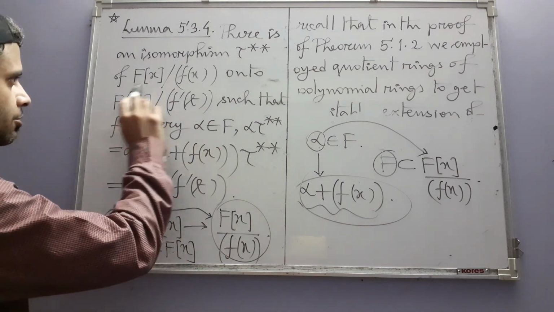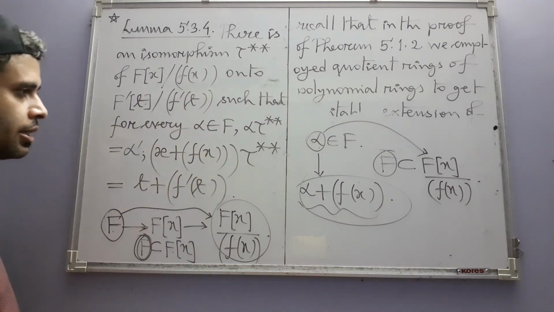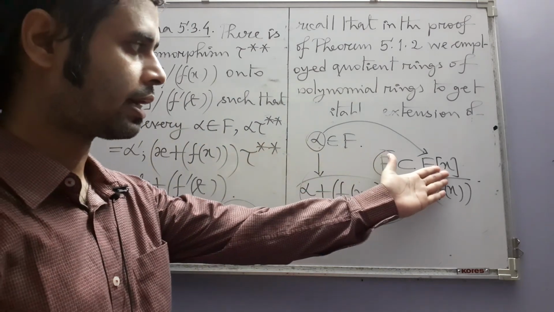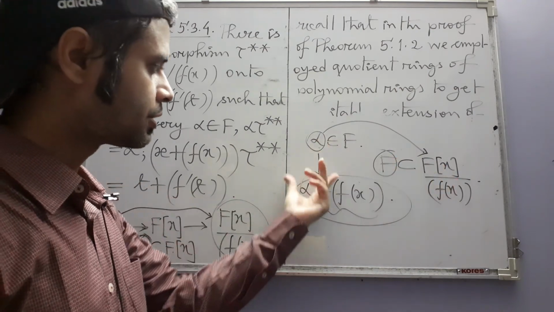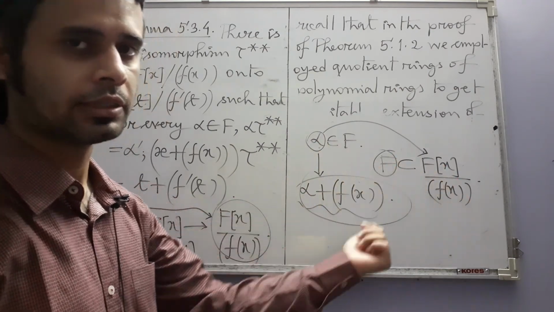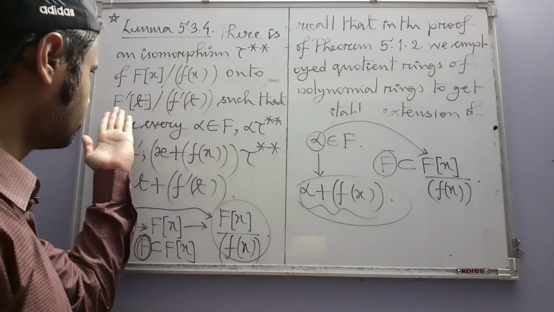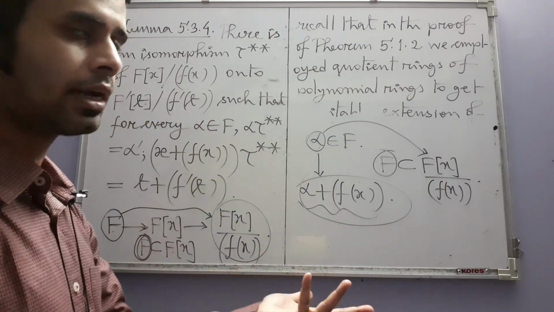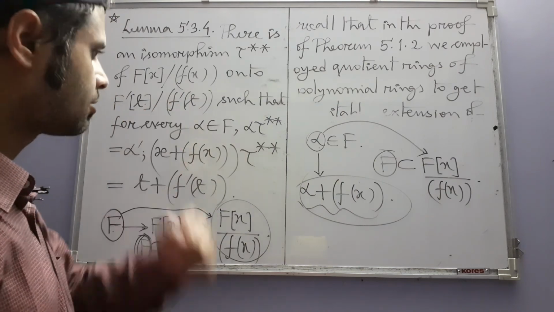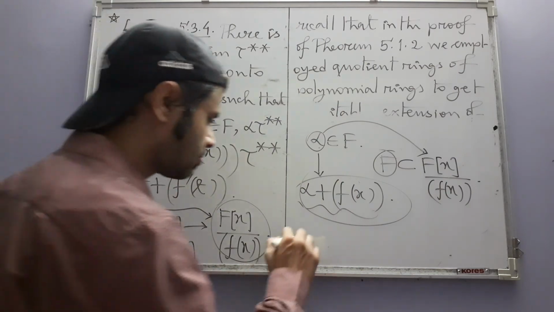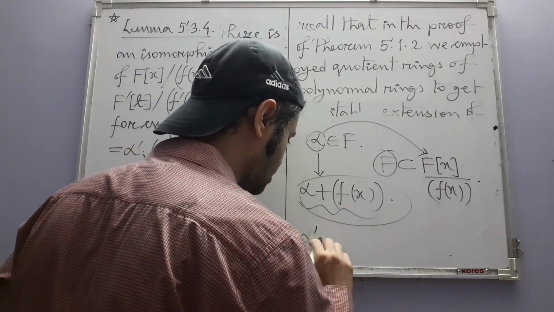Alpha prime needs to be here. Strictly speaking, just like alpha is not actually here, but its shadow is here under this identification, alpha prime also has its shadow under a similar identification in this second quotient ring, and that identification also is just simply this.